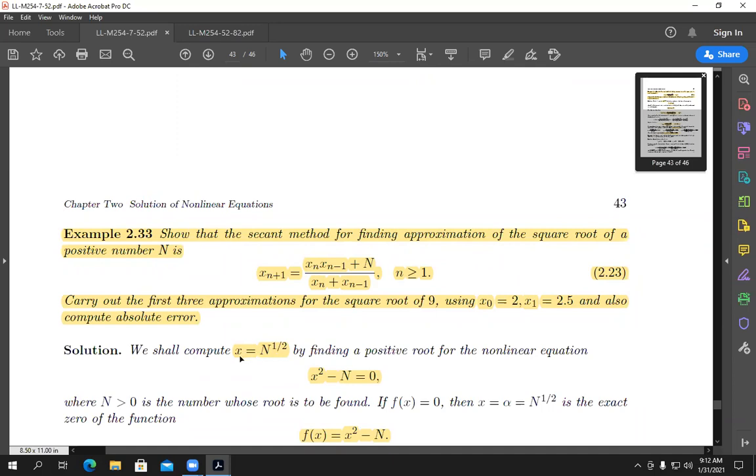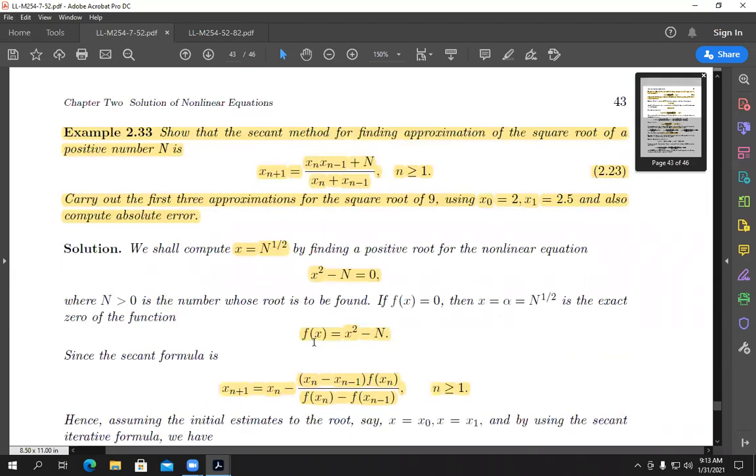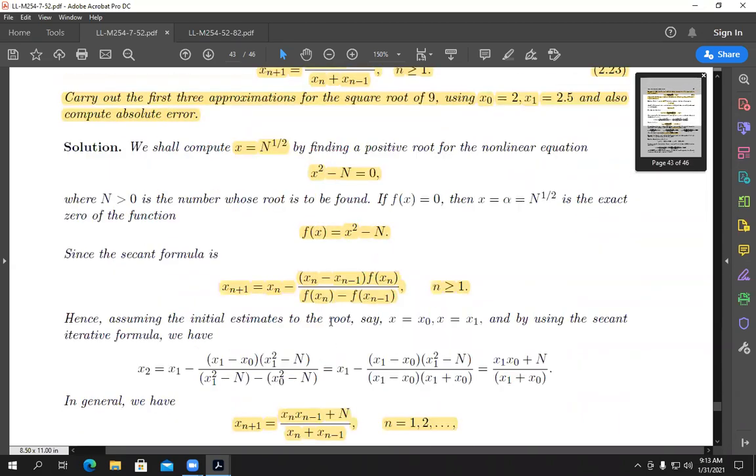And then taking the square on both sides to make the power of x more than 1, we have x squared minus n equal to 0. This is your f of x. Put the value of f of x into this formula and simplify. Inshallah, you will get this answer. And then we finish the first part.